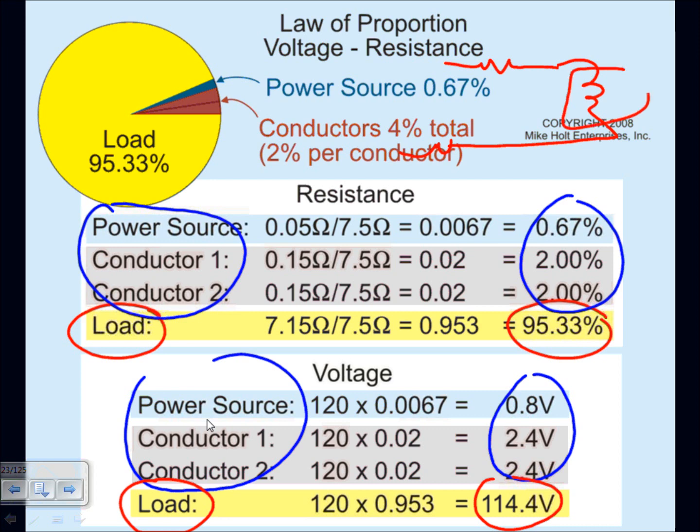This is my load, and this is the conductor, of course. This is the generator. So you want all the voltage and all the impedance to be right across the load.